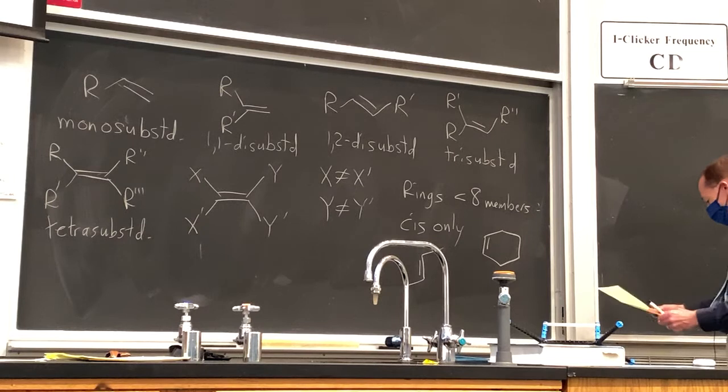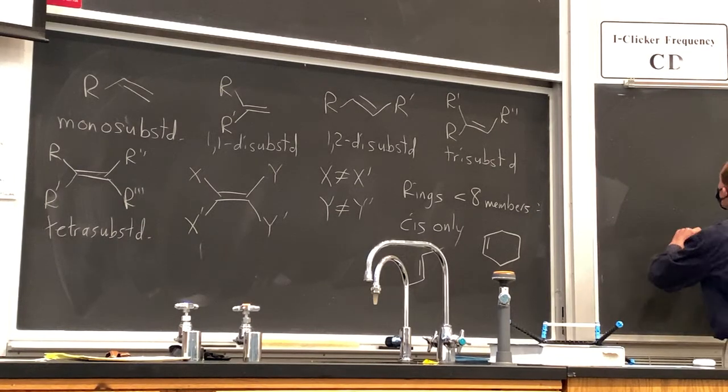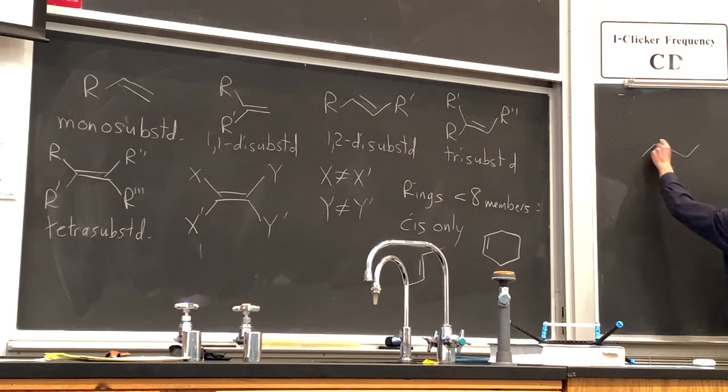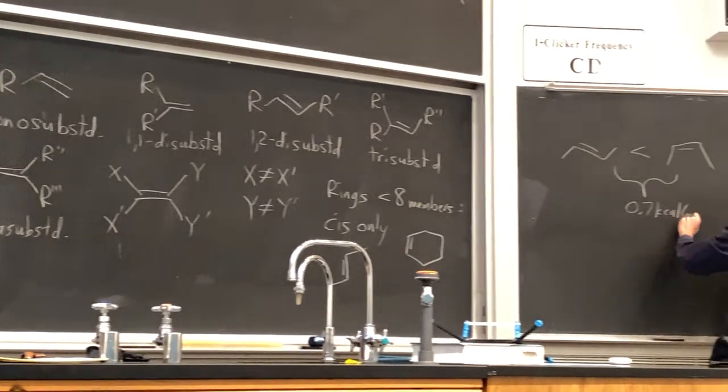All right, so we said that the trans alkene is lower in energy than the cis alkene. And with 2-butene, that difference in energy is 0.7 kcals per mole.